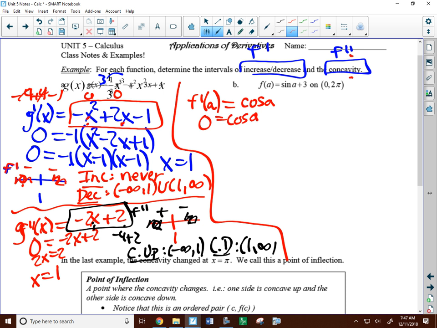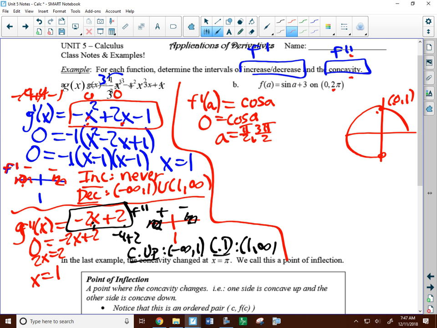This one is basically all unit circle. So I'm looking for where the cosine, the x values are 0. Right, like right here. Pi over 2, and we would also include down here 3 pi over 2.